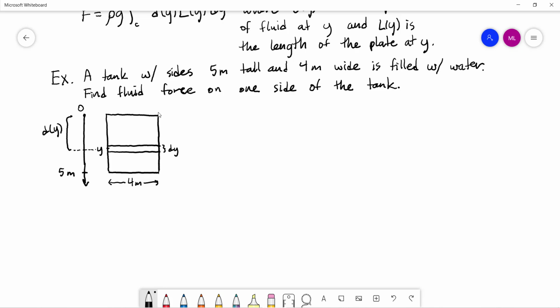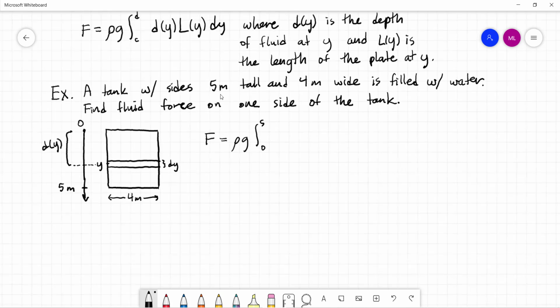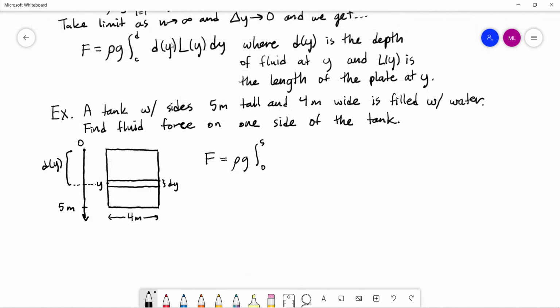So our force in this case is going to just be rho g times the integral of, we've got to do the entire side of the tank, so it's going from a depth of 0 down to a depth of 5 meters. And now we've got to multiply our depth function times our cross-sectional length function.